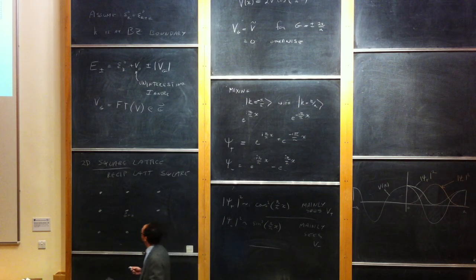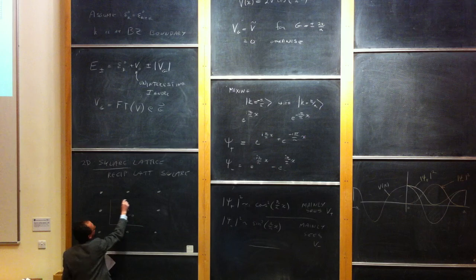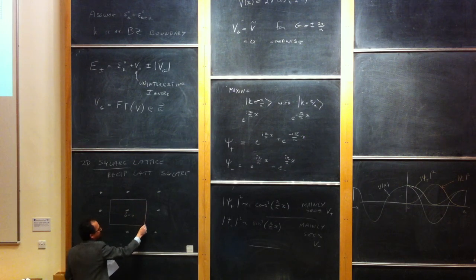Now, once we add the periodic potential, we should open up gaps at the Brillouin zone boundary. Where's the Brillouin zone boundary? It forms a nice square around G equals 0. So this is the BZ boundary.